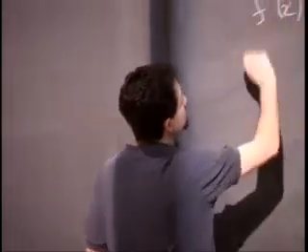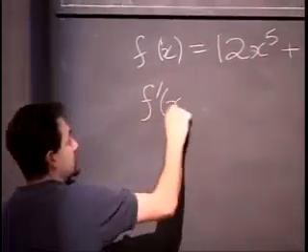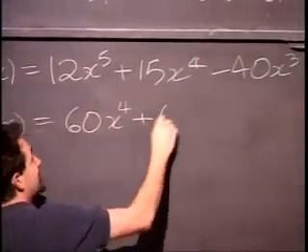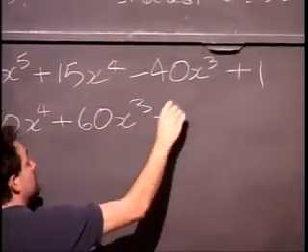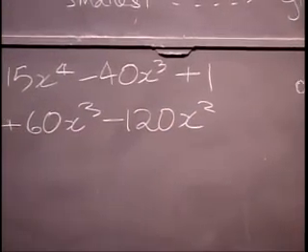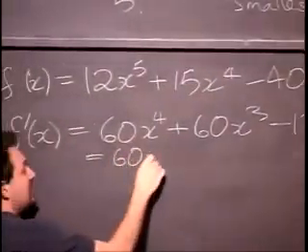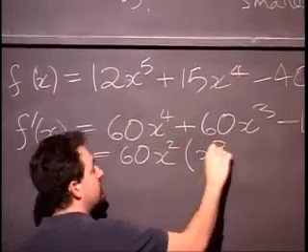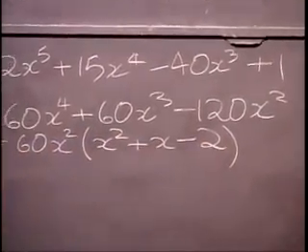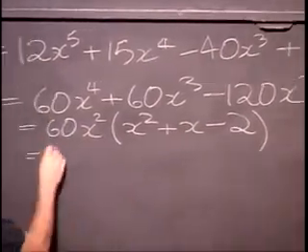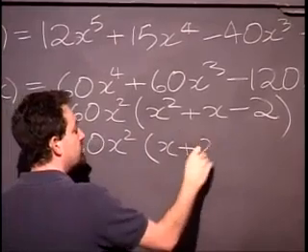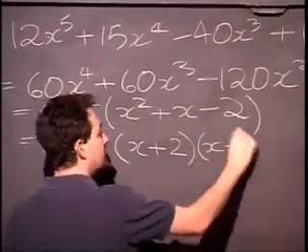Well, following this prescription, we differentiate. We get 60x to the 4th plus 60x cubed minus 120x squared. And we can factor this as 60x squared times (x squared plus x minus 2). And we can actually factor this further into (x plus 2)(x minus 1).